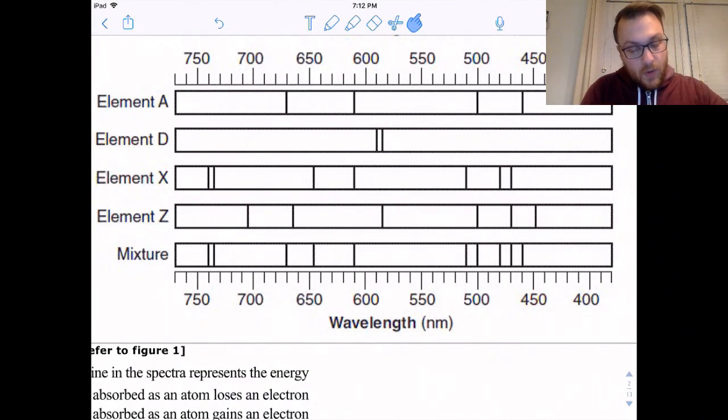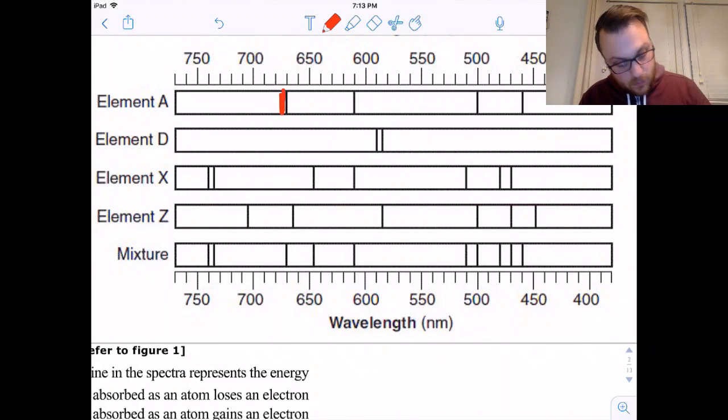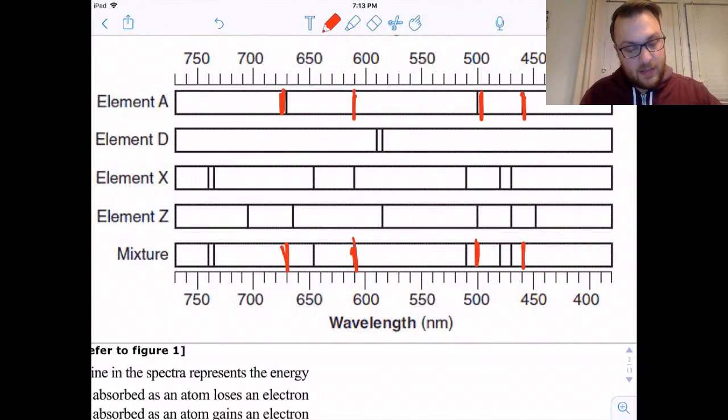When you're looking at a mixture problem and you want to identify what is in the mixture based on your spectral lines, read it from the top down. So if I look at element A here, I would say element A is in the mixture.